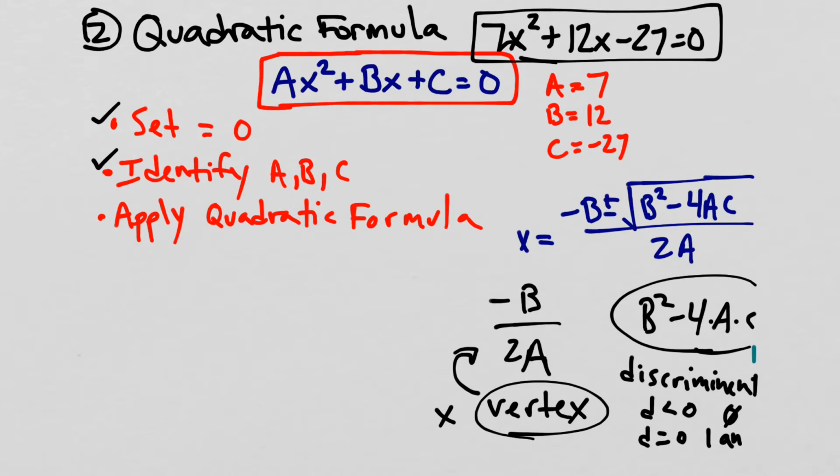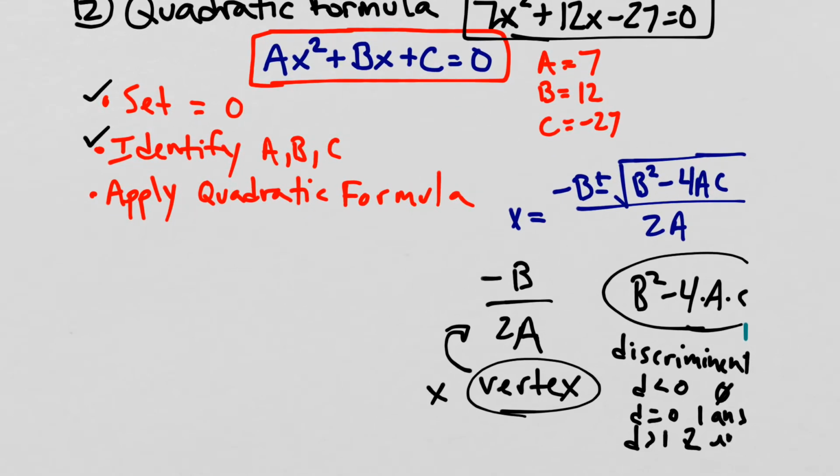Like the previous slide, we got two answers: negative 3 and 9/7. So the discriminant tells you that. If the discriminant is less than 0, it's impossible. If the discriminant is 0, you only get one answer. And if the discriminant is greater than 0, you get 2 answers.